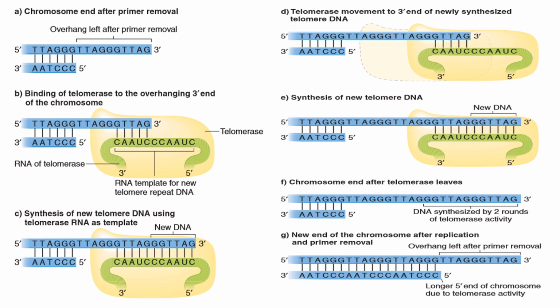Now I have just shown you the last end part of the telomere. So here you can see this is your parental strand, this is your newly synthesized daughter strand. After removal of the primer, this much strand is overhanging, in the sense it is not having its complementary strand in the daughter DNA.